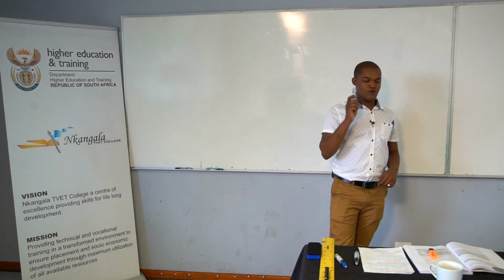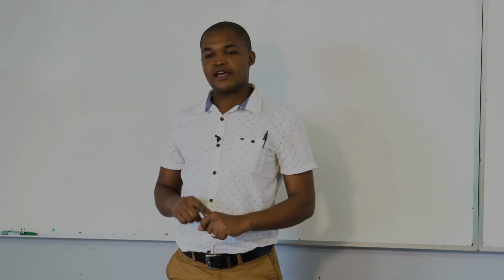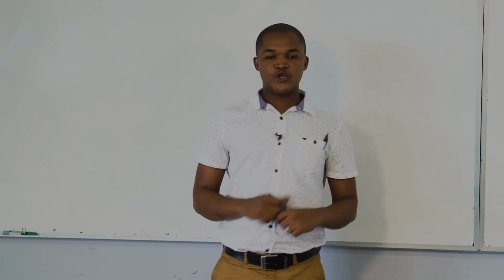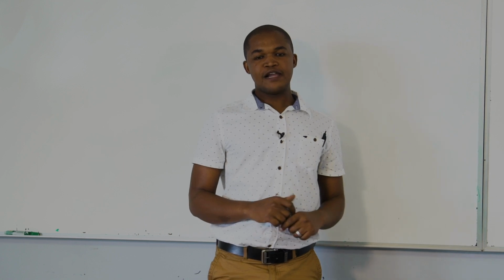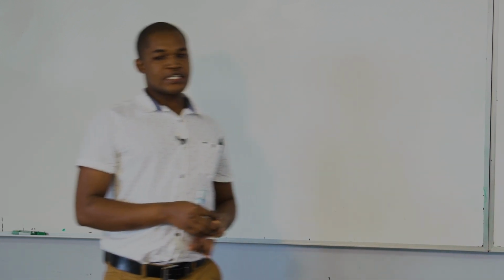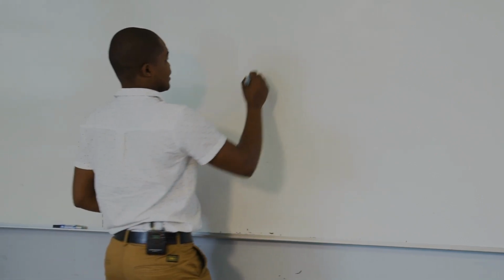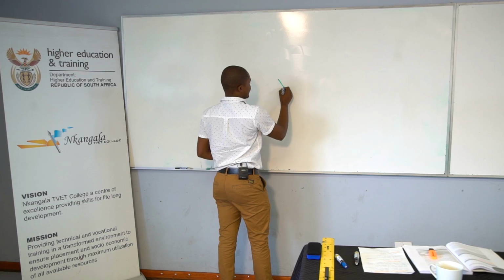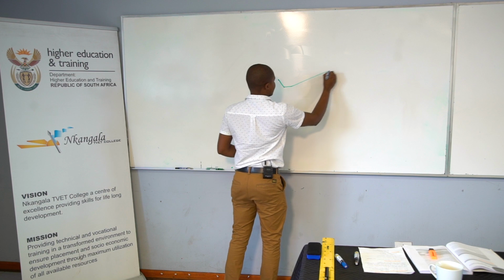So now, in welding, as I say, we've got the types of joints. With the fillets, we've got positions in the fillet welding. So we've got the 1F, which is a flat position. The flat position is going to be like this.